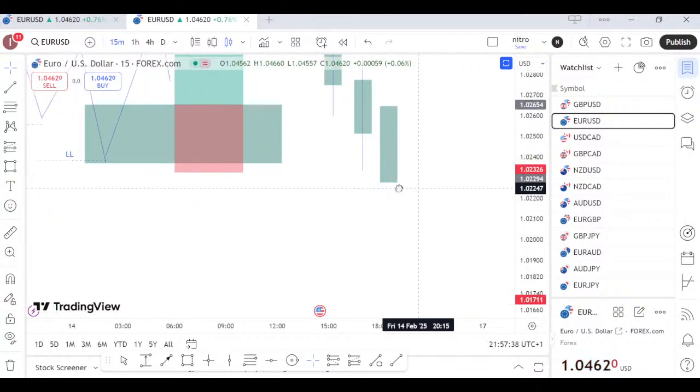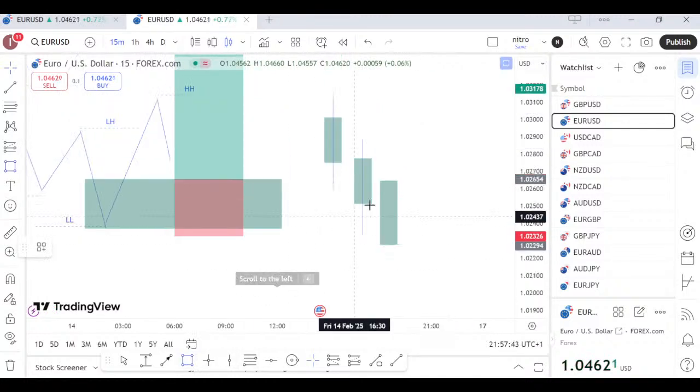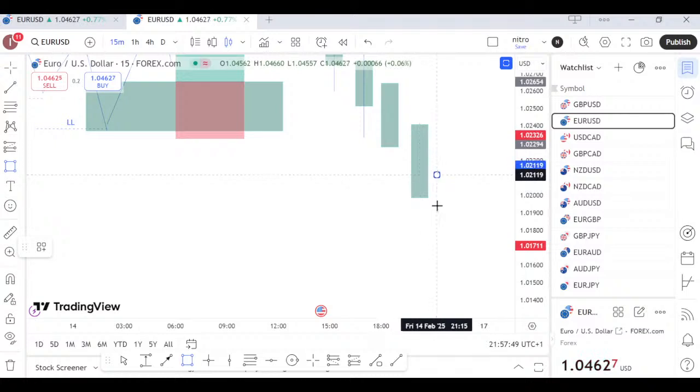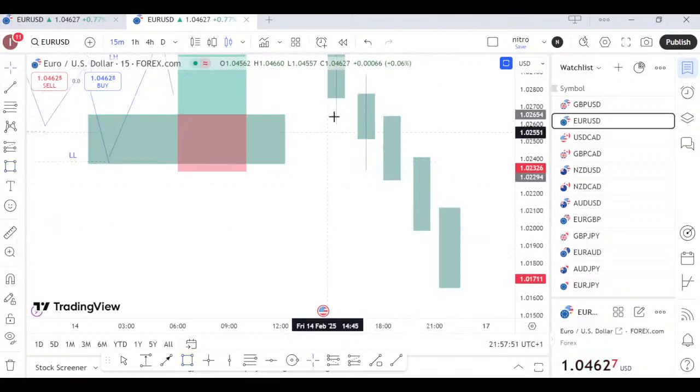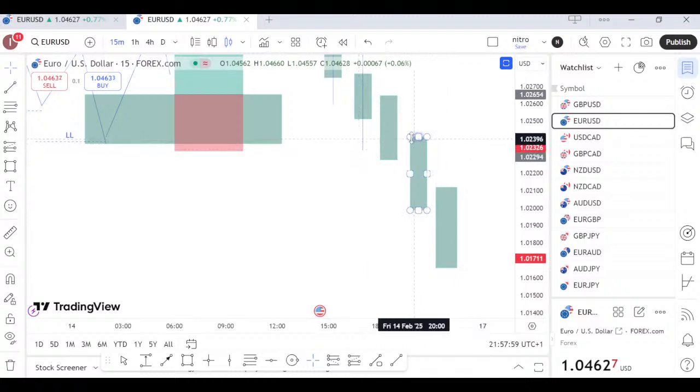When we have something like this, I spoke about price always overlapping each other. You can see from this level here, price was overlapping each other. This zone here, you can see price overlap.